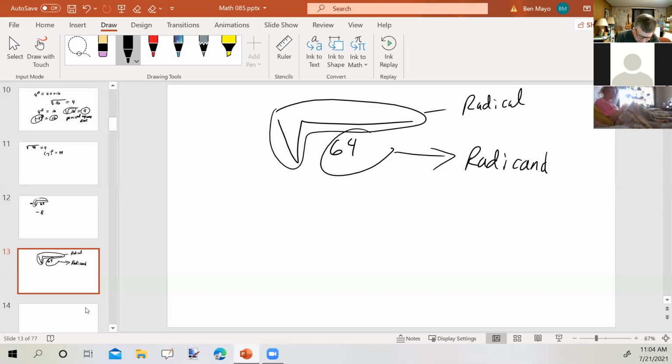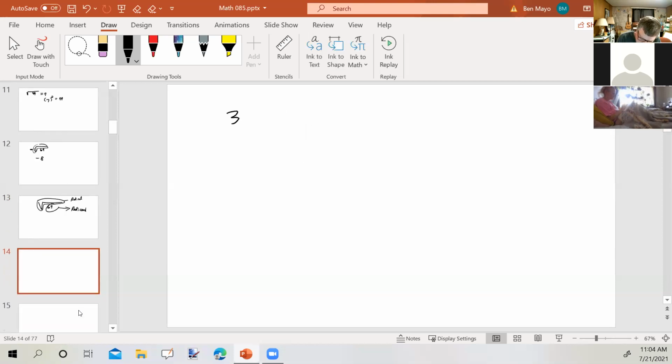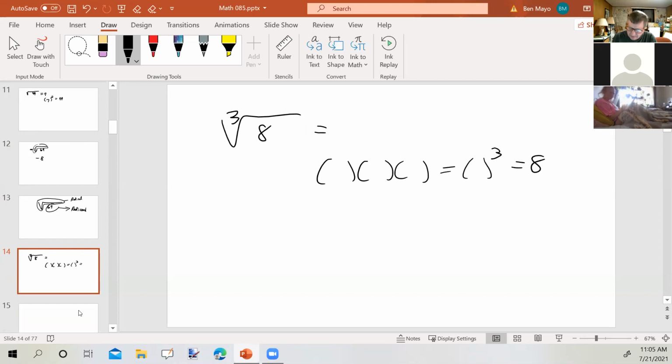Okay, now let's say we've got the cube root of 8. So we're looking for some number such that that number cubed is 8. So what times itself is 8? 2. 2 times 2 times 2, or 2 cubed is 8. So the cube root of 8 is 2.